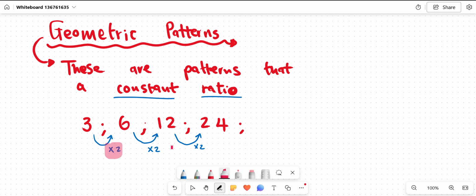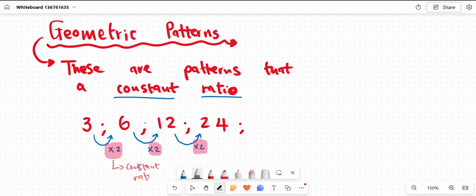So this 2 that is being multiplied across each term to get the next term is called the constant ratio.